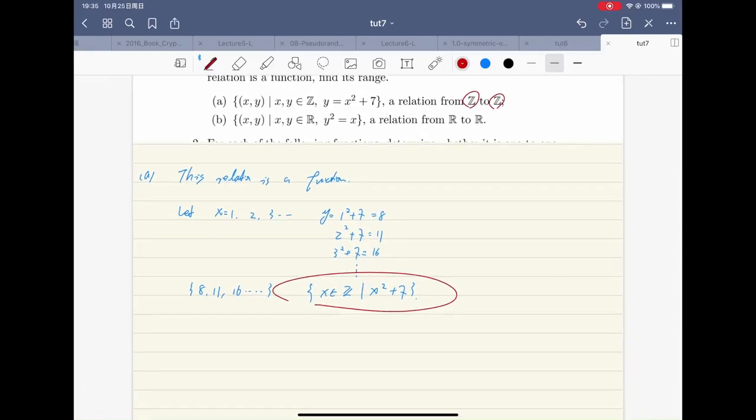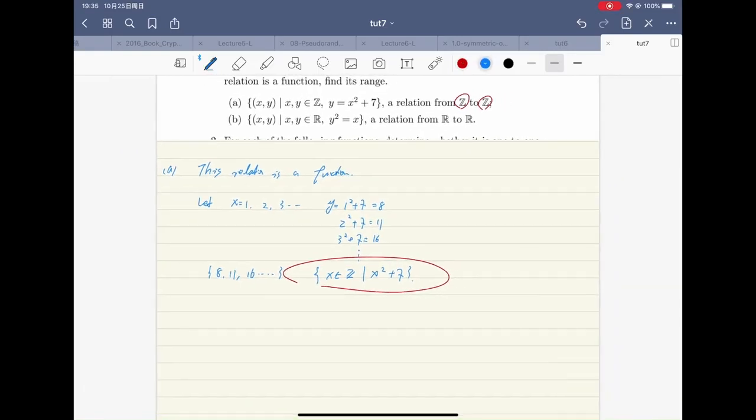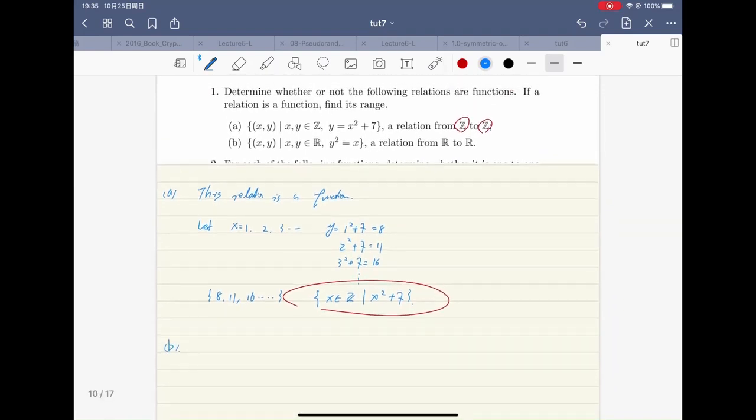And the second one, question B, we have an ordered pair (x, y), and both x and y belong to the real numbers. We have y squared equals x, and this relation is from real numbers to real numbers.